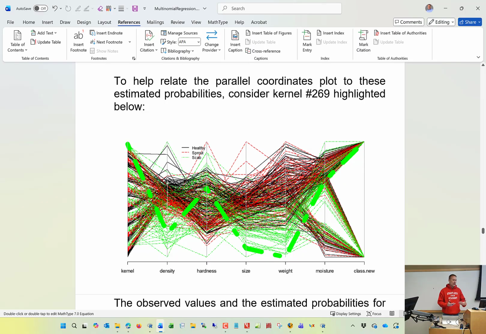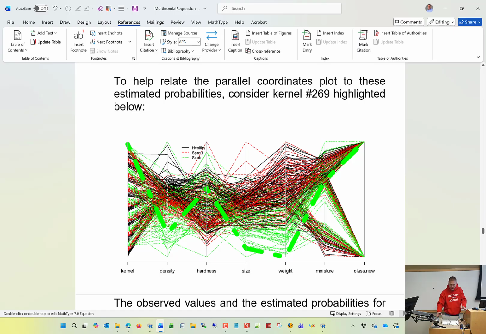What do you think the model is going to do for its prediction? Probably predict it to be healthy? Actually, we can see how extreme it is, and it's all around the scabs. We would expect the model to predict it to be scab.